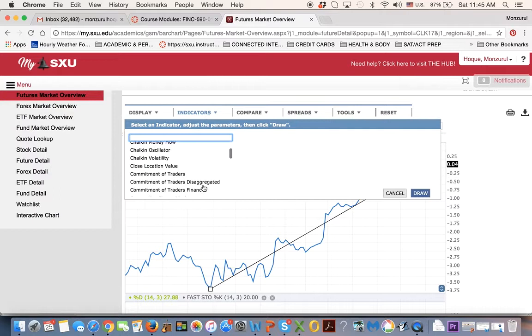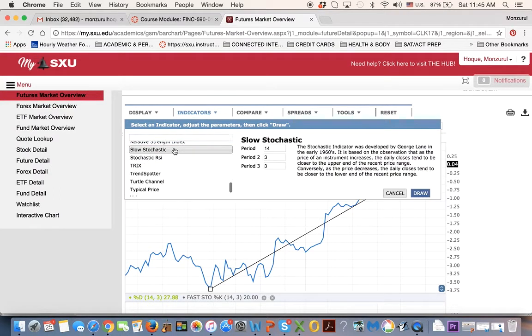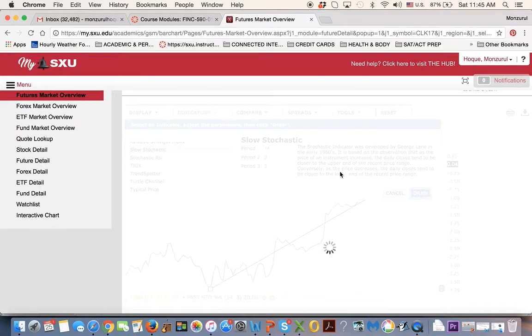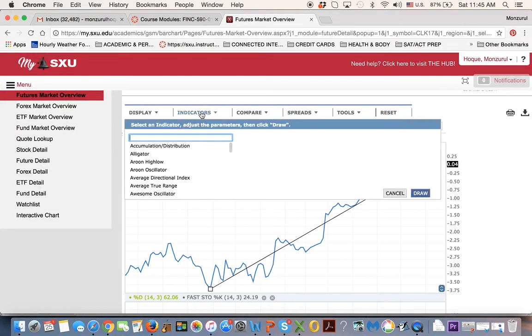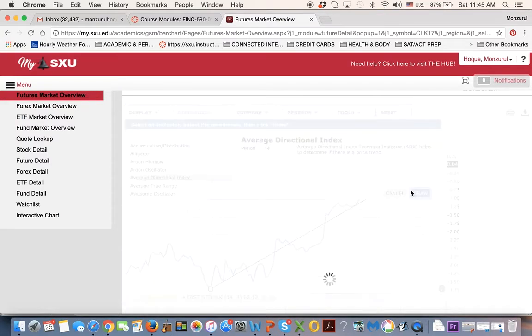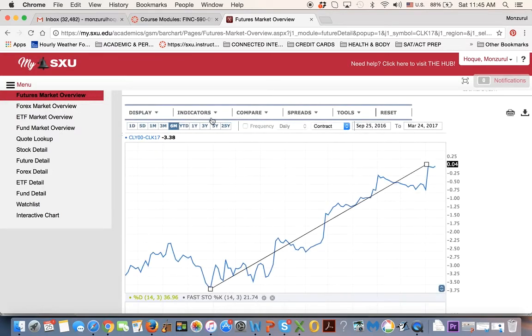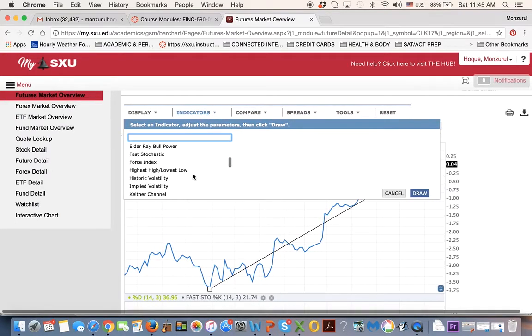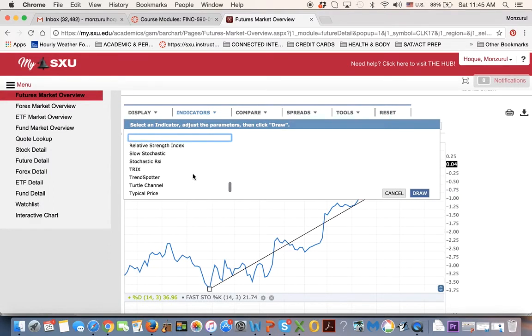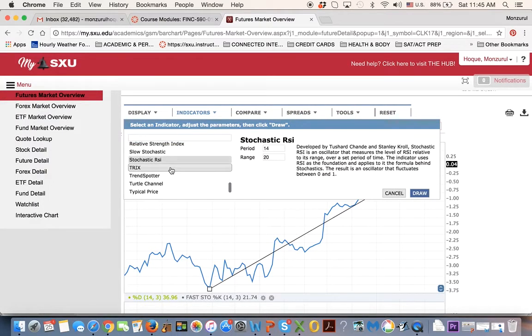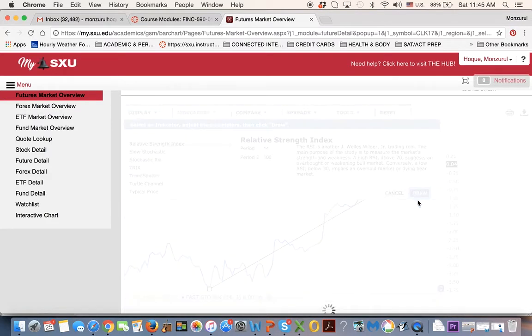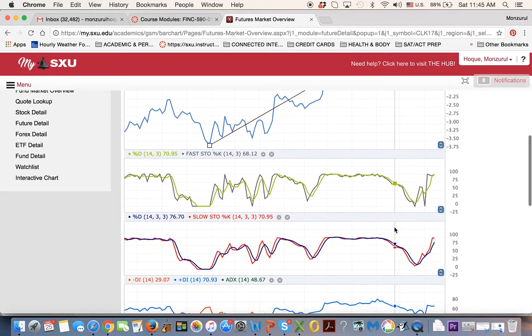Again, you go there, and then do the slow stochastic and draw it, and then you go to the next one, which is ADX, and then you do the last one, which is going to be RSI. So this is that, and then you get your basis chart, which is the homework that you have to do.